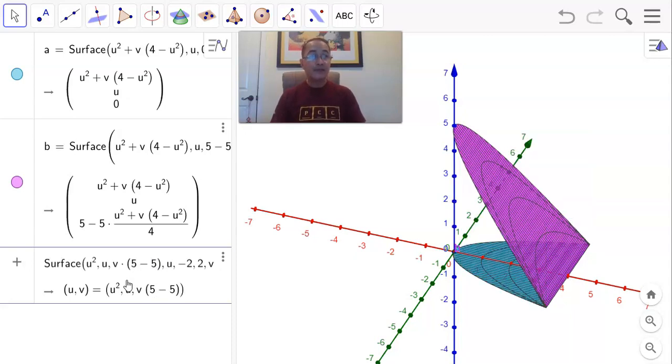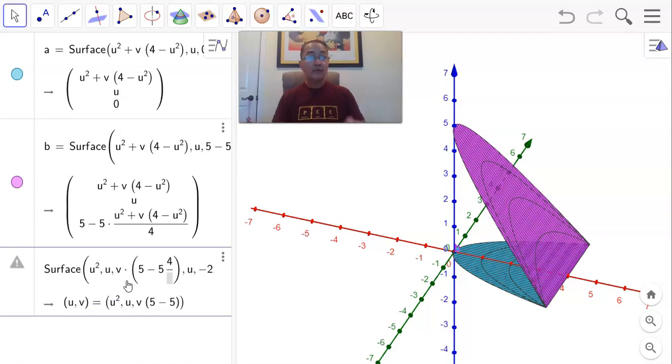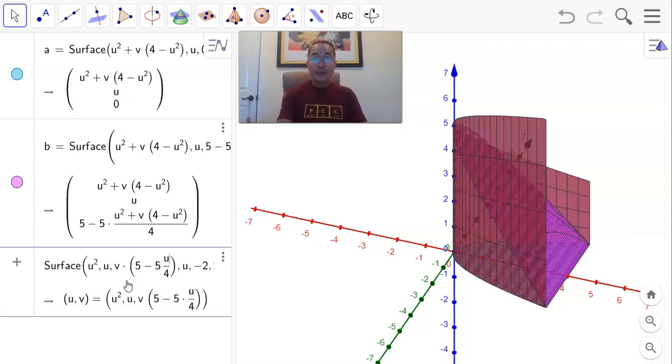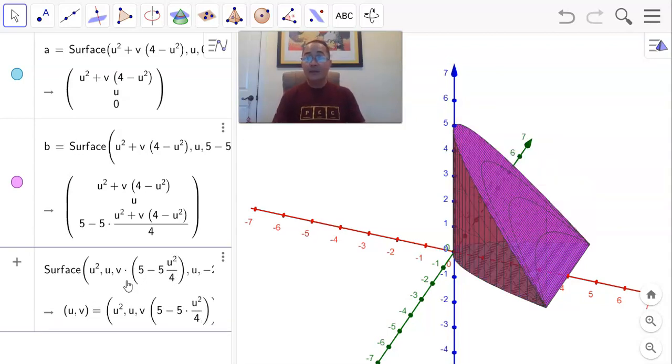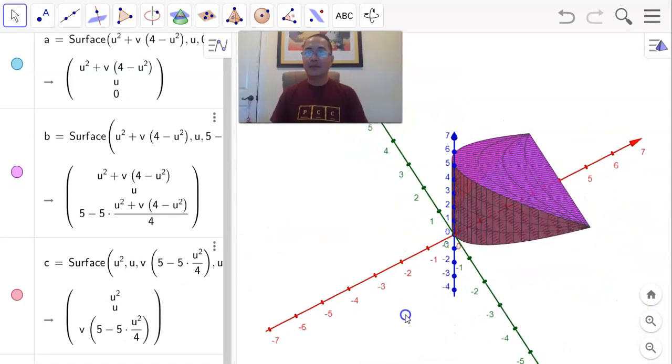Feels familiar? 5 minus 5 fourths x, so 5 minus something over 4. Whoops, there it goes again. I don't know why. So we copy x. Oh, x is just u squared. So x is simple this time. So x equals u quantity squared. Ooh, there it is. Isn't that beautiful?